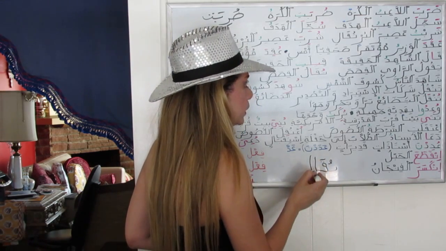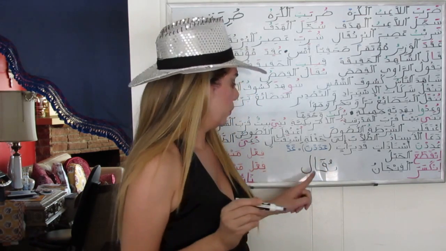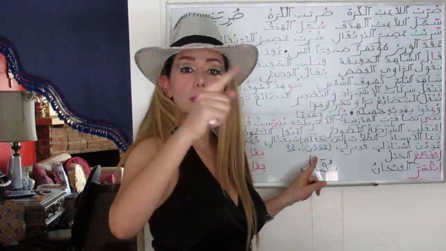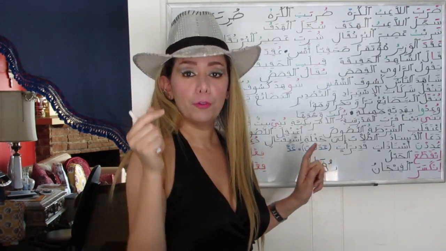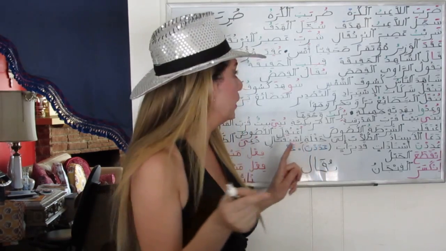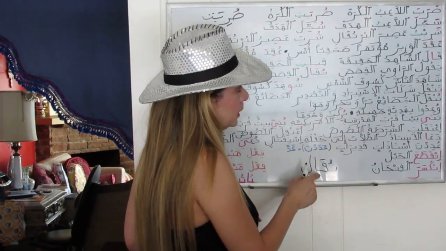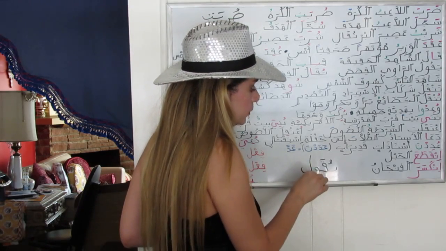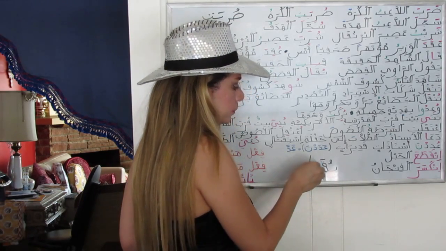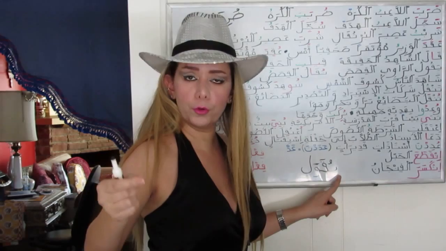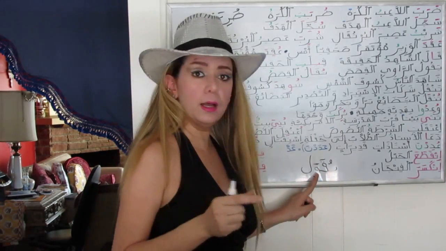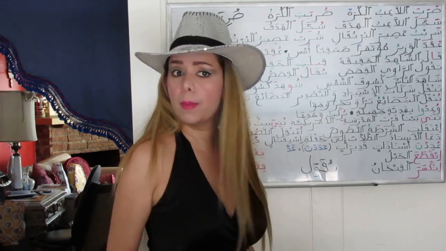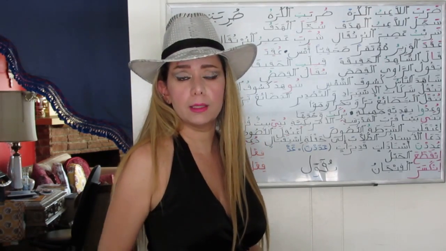And then the short vowel before the last one has to be fatha. Since if you keep the waw here and we put the fatha, so damma for the first and fatha before the last, the waw doesn't match the fatha.